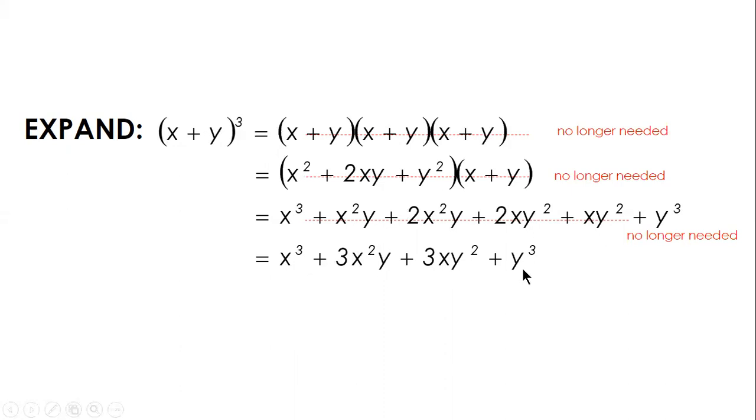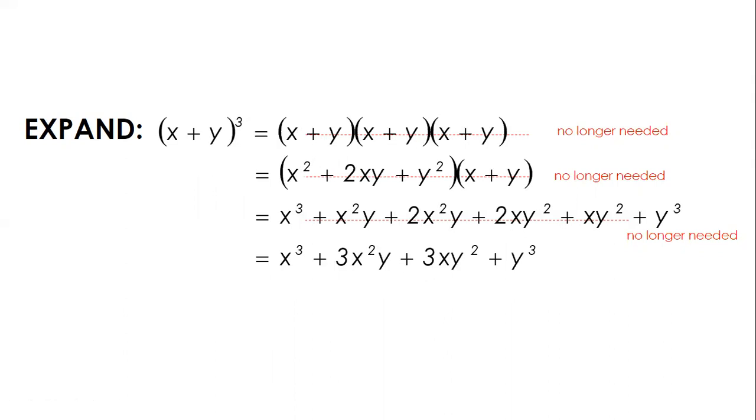And this is very useful because if you are asked to expand a binomial to the power of, let us say, 30, and you do it manually, there will be 30 factors, and you have to do manual multiplication 29 times.